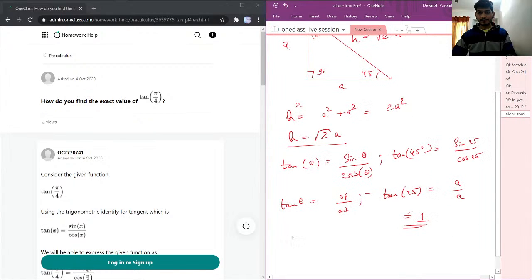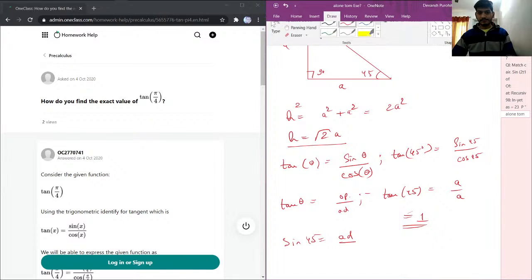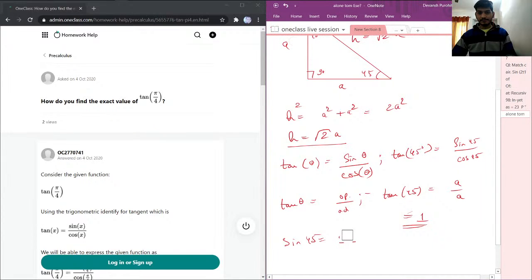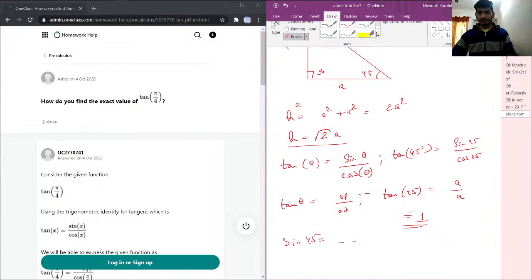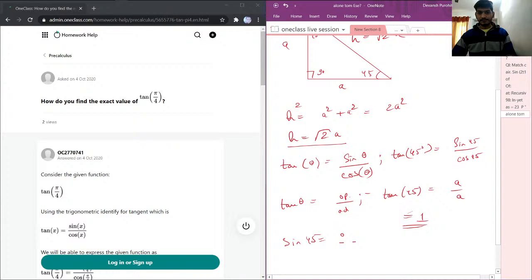Or we can use the value of sine 45, which is opposite over hypotenuse, which will be a over square root of 2 times a, which is 1 over square root of 2.